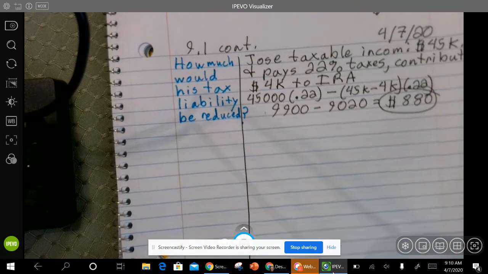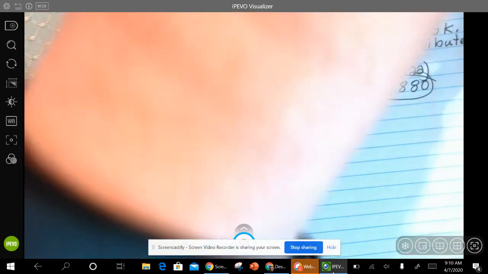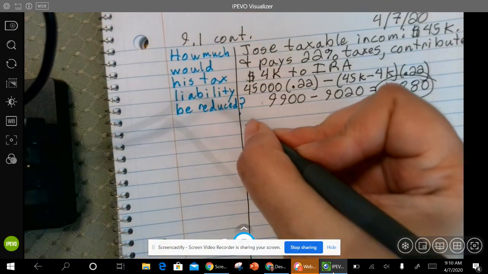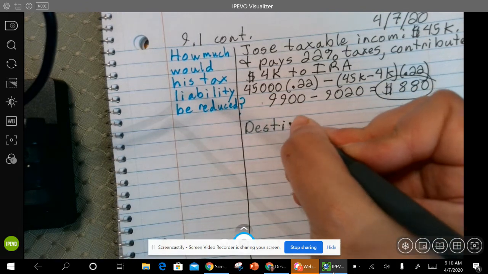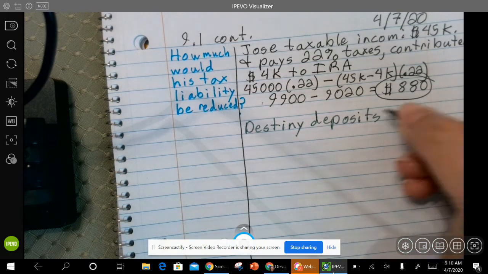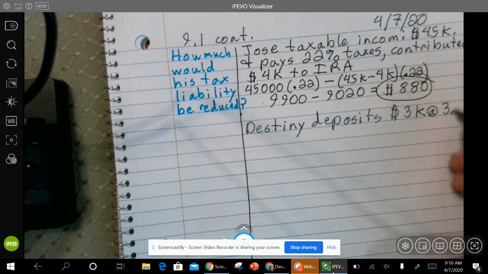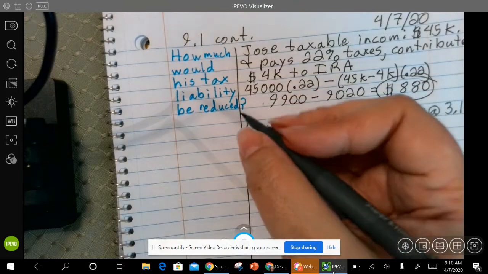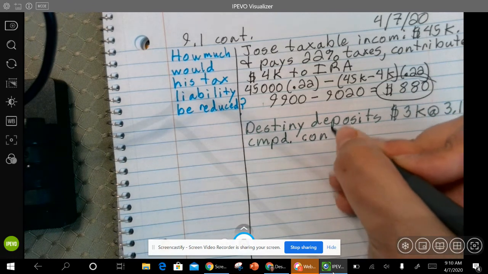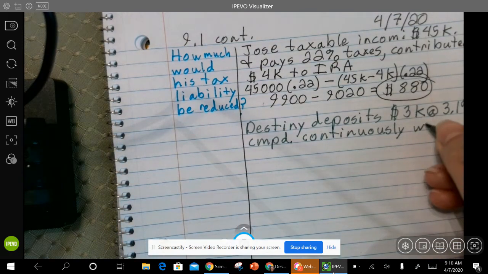Okay, let's do another example, everybody. Let's say we have Destiny. Destiny deposits $3,000 at 3 1/10% compounded continuously when she's 25 years old.